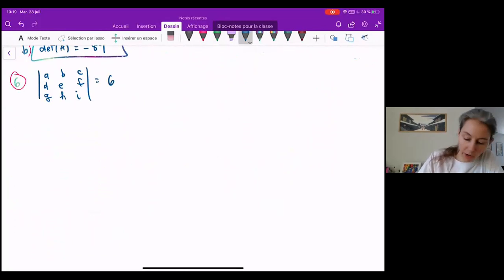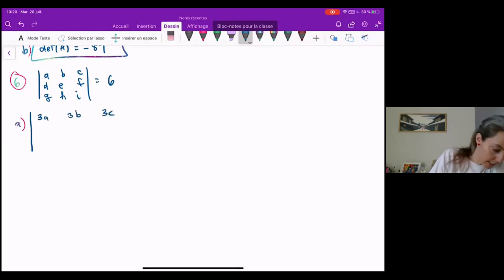And for A, we are asked to find this new determinant. So we are asked to find the determinant of 3A, 3B, 3C, G plus 2A, H plus 2B, I plus 2C, negative D, negative E, negative F.